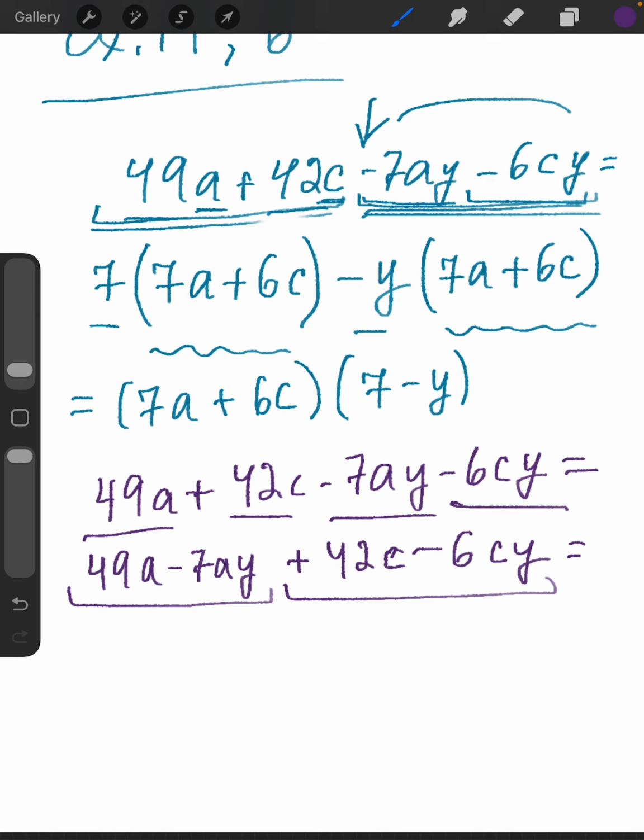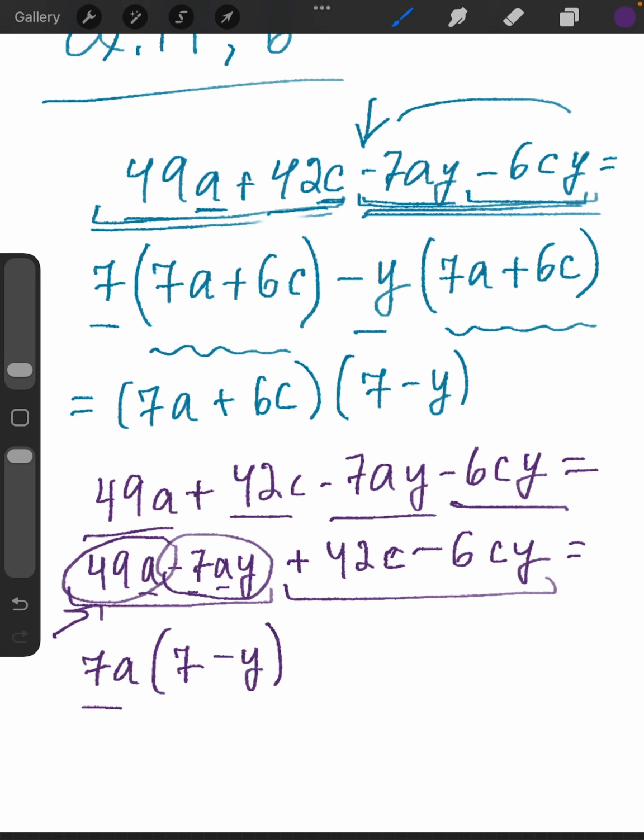I mean, not that it's hard. But in this expression, the common factor is both 7 and a, right? So we take out 7a, right? 49a divided by 7a is 7, right? And then negative 7ay divided by 7a gets negative y, right? Okay, let's keep going.